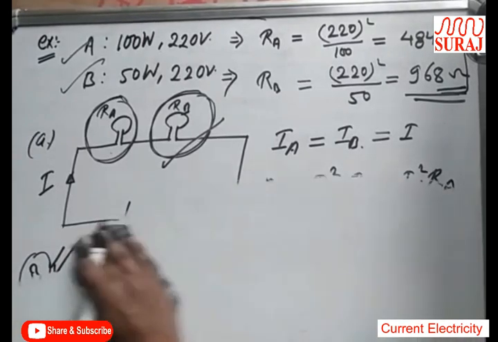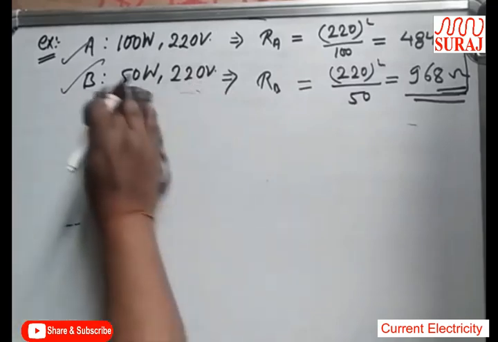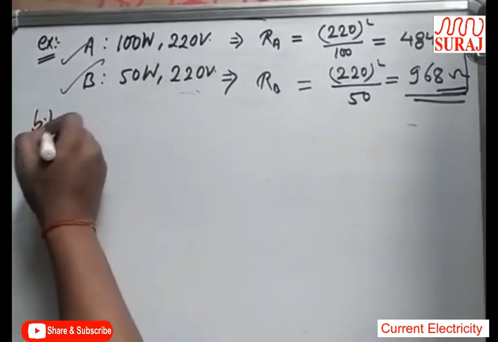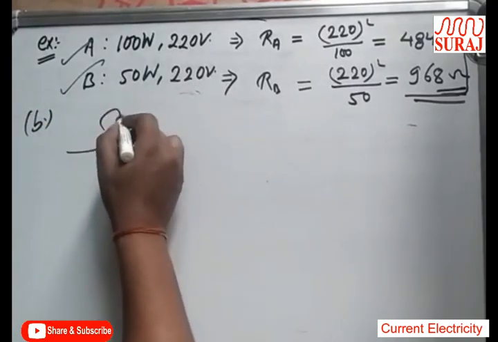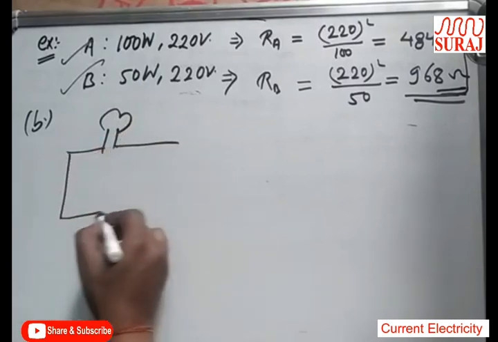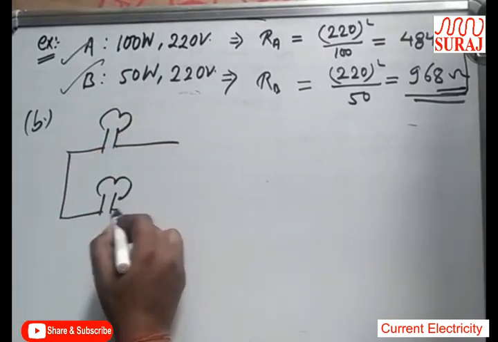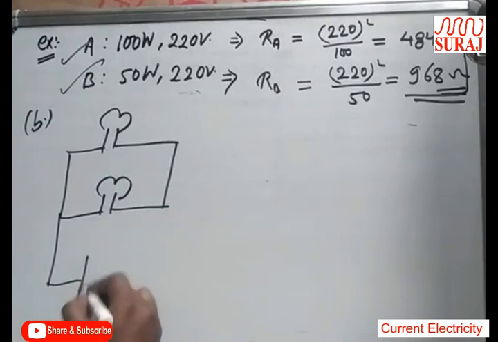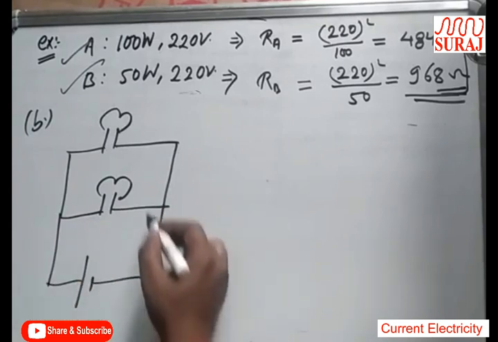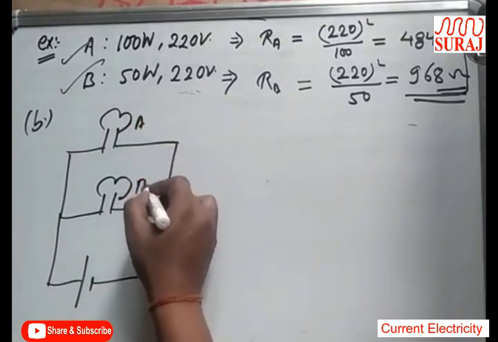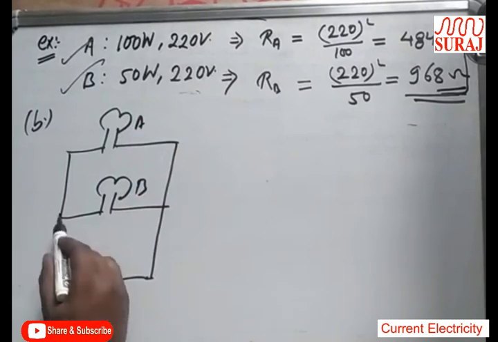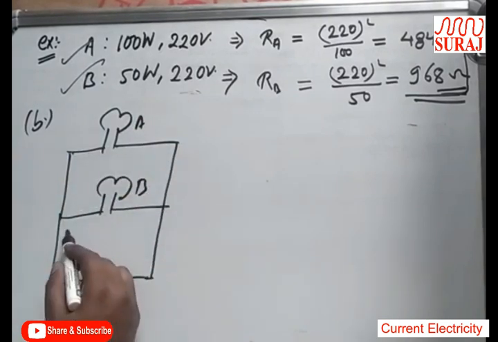Now in the second part, they have asked to connect these bulbs in parallel. What happens when these bulbs are connected in parallel? If we connect the instruments in parallel, the voltage across these instruments will be the same.